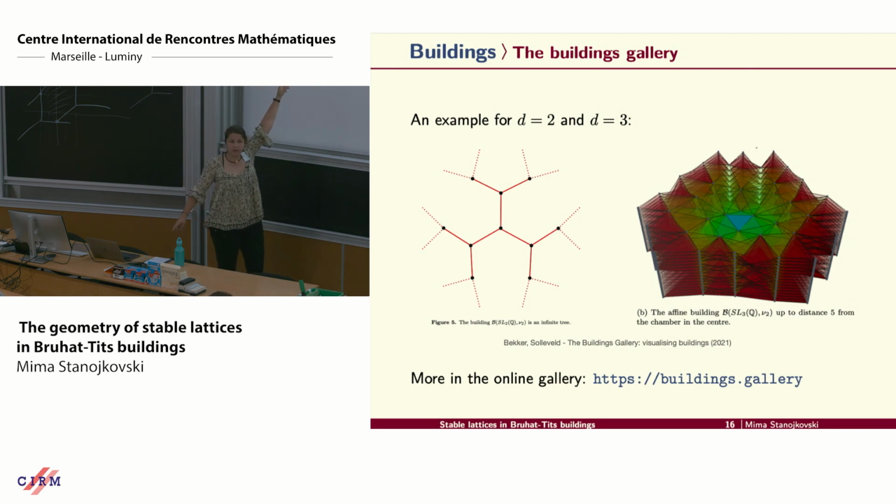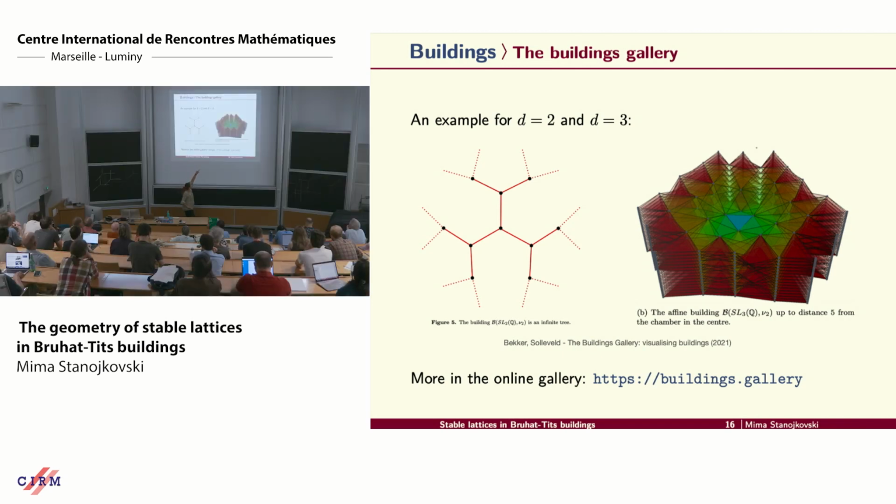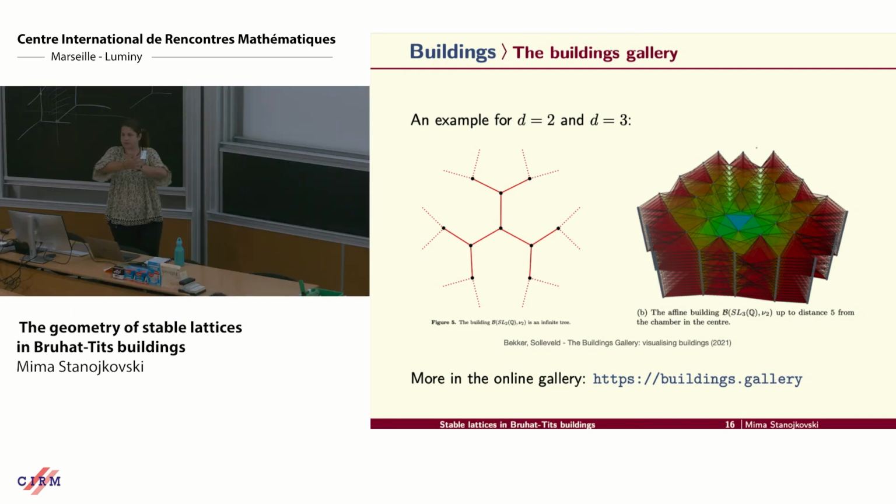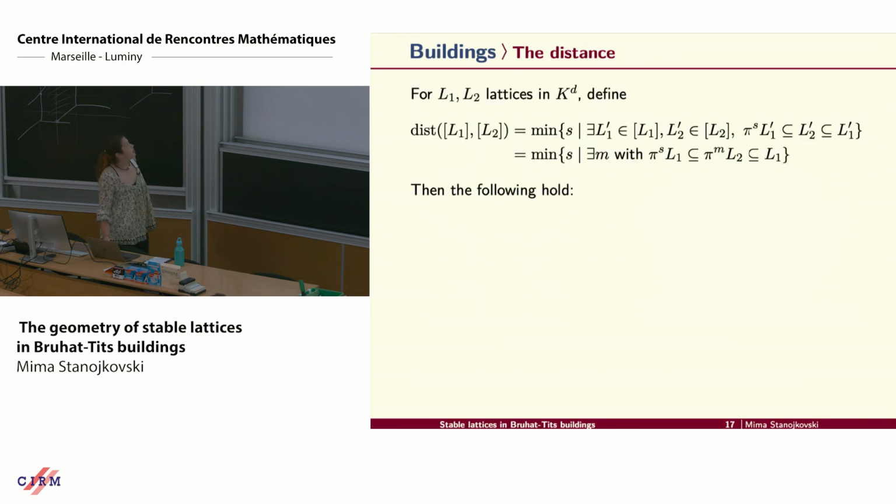All infinite branches give rise to apartments, so give rise to a choice of bases. And there, the apartments are the two-dimensional sheets that you see. So you can think of buildings as being gluings of these apartments. And if you want to see more pictures, there is a very nice link where you can see more buildings, spherical, affine, etc.